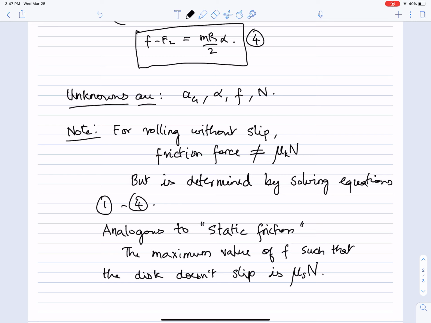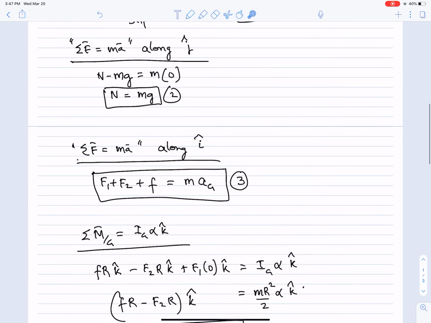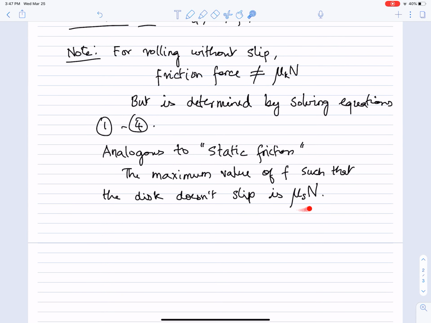Okay. So in other words, if you want to see whether a disk slips or not, whether a wheel slips or not, essentially assume that it rolls without slip, compute the friction force based on those assumptions, essentially by solving for equations 1 to 4, and then see if that quantity, whatever it may be, is greater than or less than mu s times n.